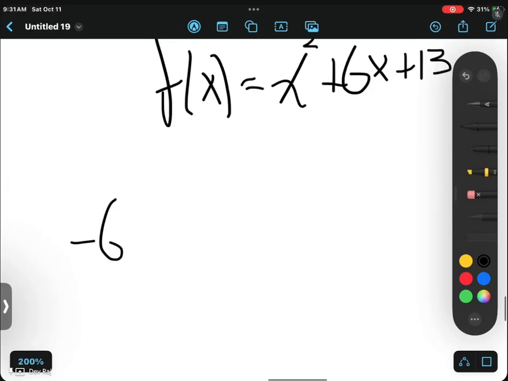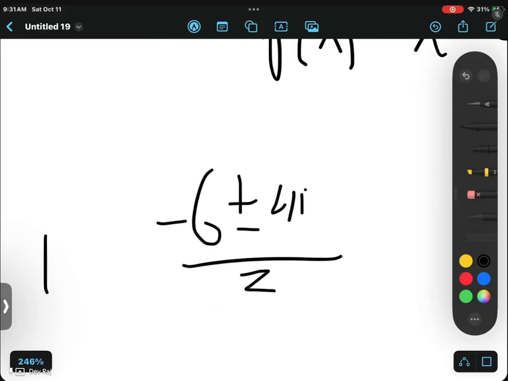Negative 6 plus minus 4i, all over 2. Could you simplify this at all, or no? Okay.